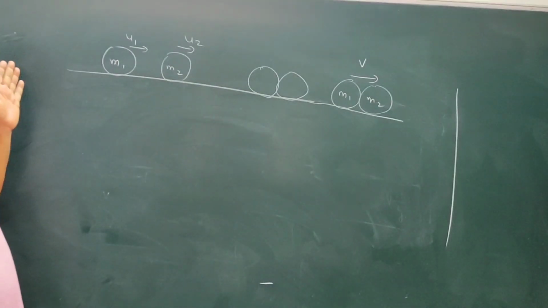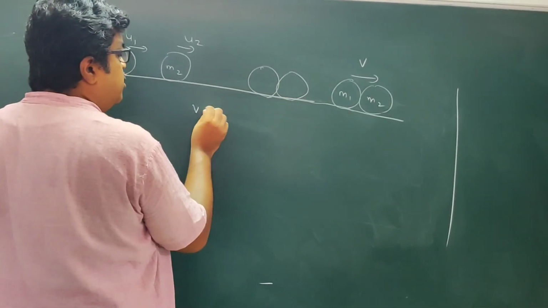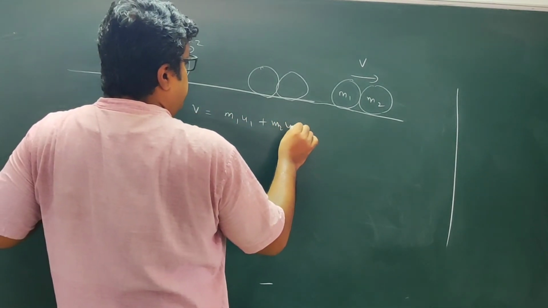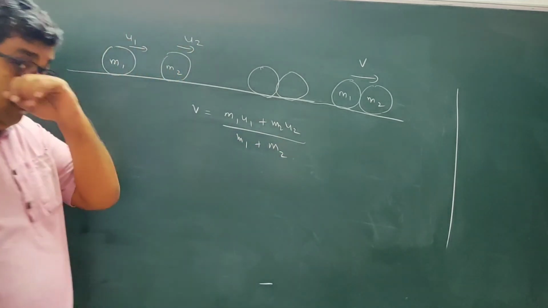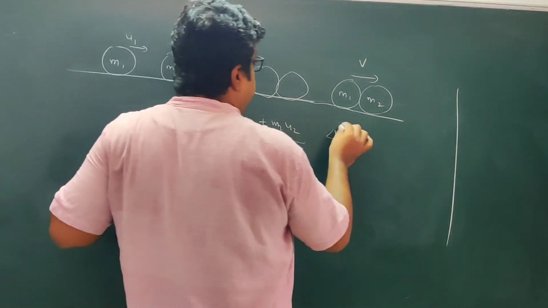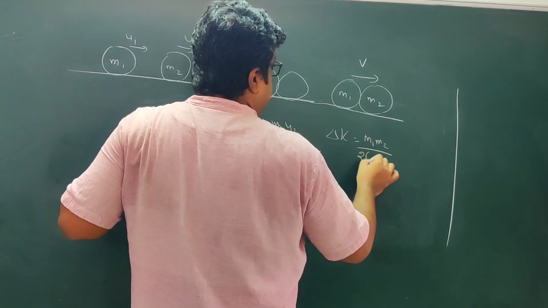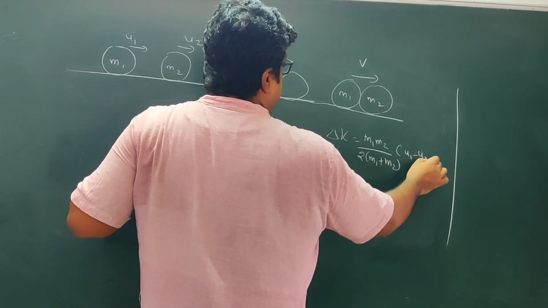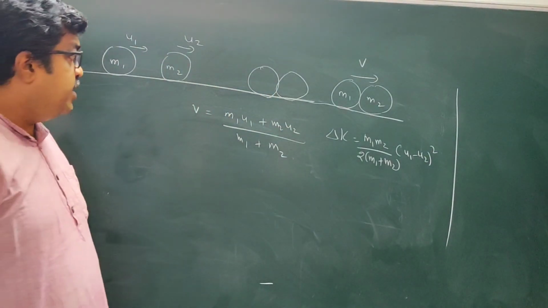If initially they were moving in the same direction, the velocity after collision v will be equal to (m1 u1 plus m2 u2) divided by (m1 plus m2). And the loss in kinetic energy ΔK will be m1 m2 divided by 2 times (m1 plus m2), times (u1 minus u2) whole square. This is the expression for loss in kinetic energy.